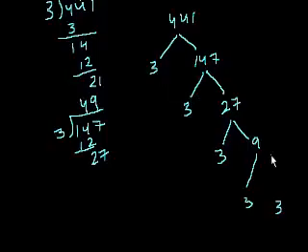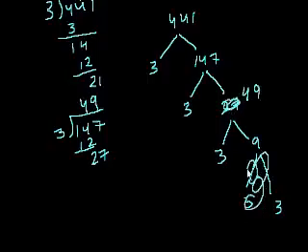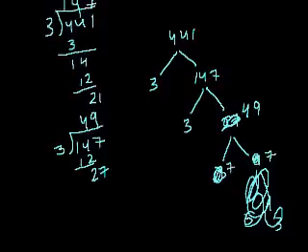Is that right? Oh no, sorry, I made a mistake. Let me redo this. 3 goes into 147, not 27 times, 49 times. So then, if you do prime factorization, a 7 and a 7. Right? I was about to say 441 isn't 3 to the 5th power.